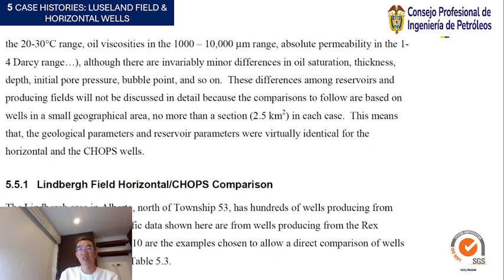These differences among reservoirs and producing fields will not be discussed in detail because the comparisons to follow are based on wells in a small geographical area, no more than a section, 2.5 kilometers in each case.